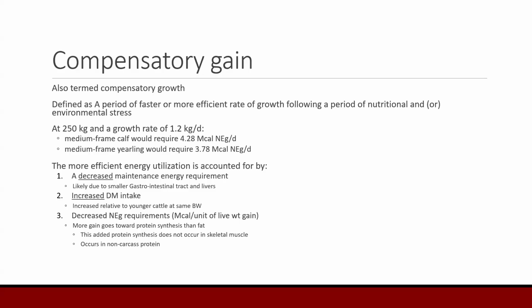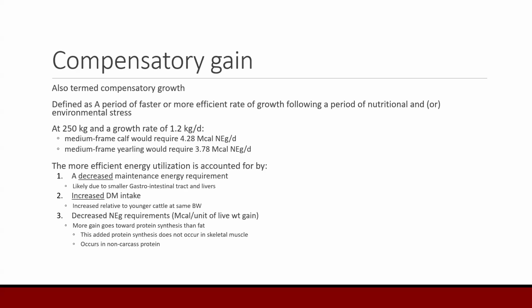You have an animal that's not eating much and is malnourished, so they're going to have lower gut mass, because gut mass is really driven by level of intake in cattle. And then they have less metabolic activity going on in the liver, so they're going to have smaller livers. Those are the two main drivers of maintenance energy requirements of animals: tissue turnover in the gastrointestinal tract, and metabolic activity in the liver.